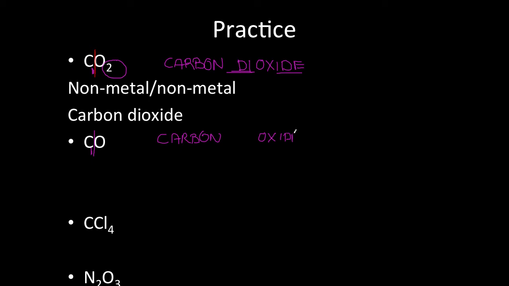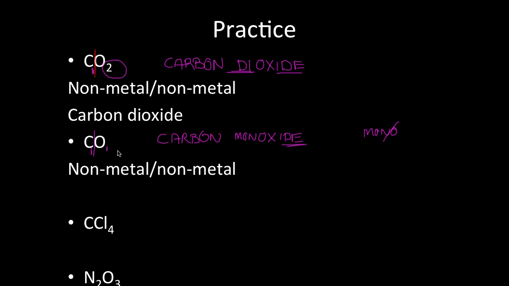I replace the ending with the ending ide. And then I'm going to indicate that there's just one oxygen by using the prefix mono. Now because oxygen begins with an O, I'm going to drop the O and just put in mon. And so instead of saying monooxide, I will say monoxide. So this substance here is called carbon monoxide.